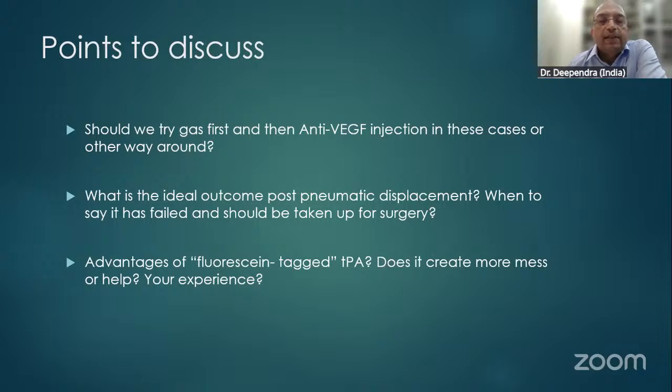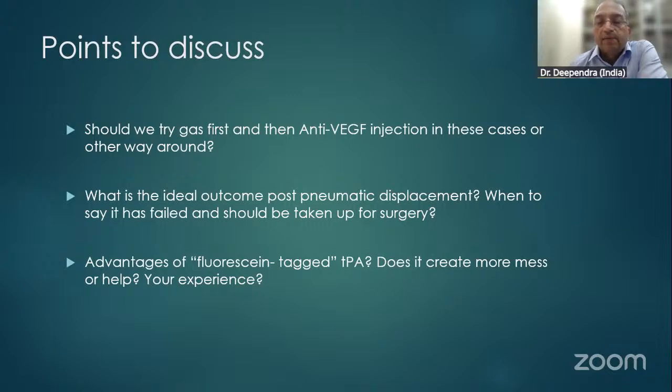I think this fluorescein tagged TPA, we had this in our DRF winter meeting also. The only question I asked the presenters was, can fluorescein interfere with the TPA's action? We need to confirm that, number one, because the whole idea of injecting TPA is to lyse the blood, and fluorescein is notorious. It interferes with a lot of blood testing.